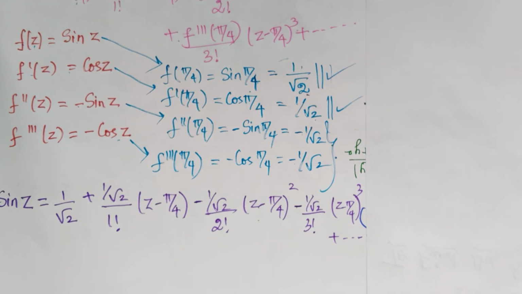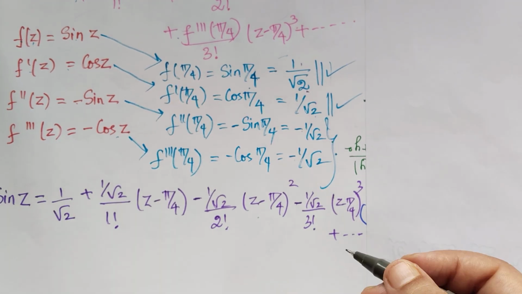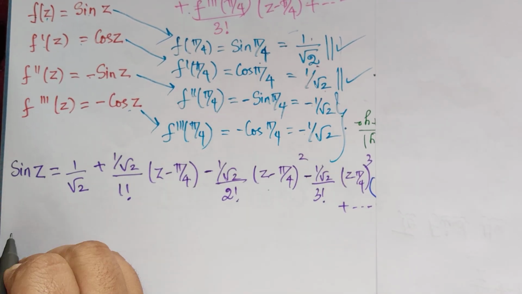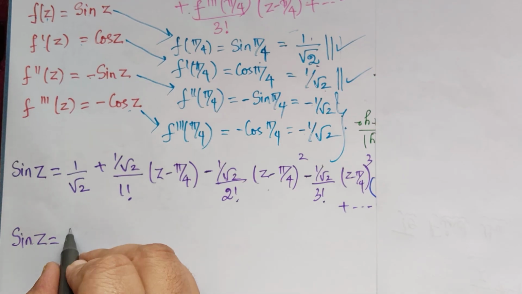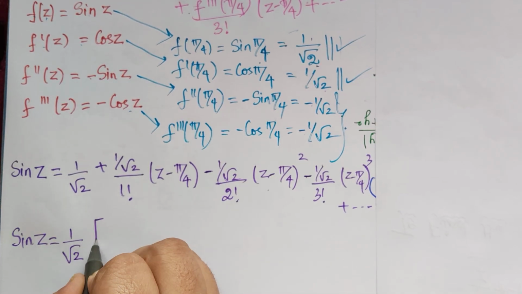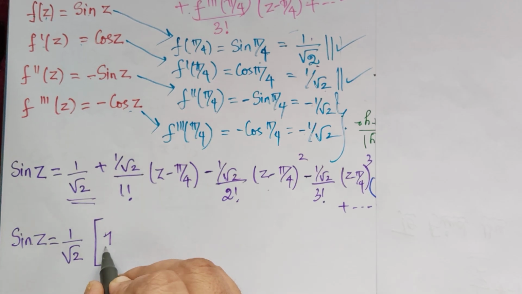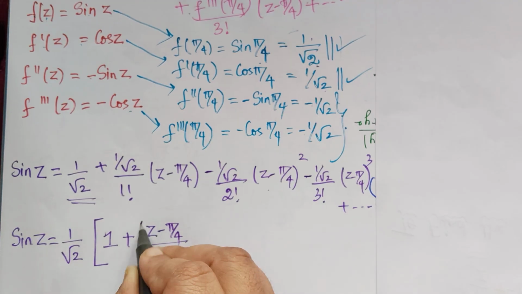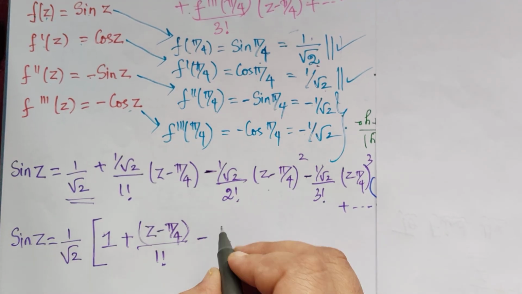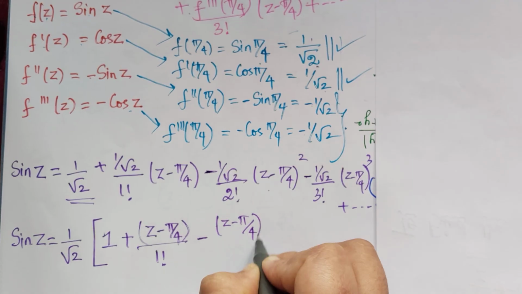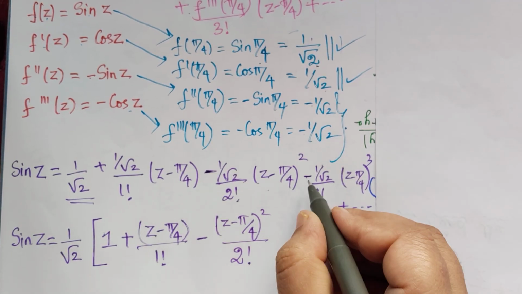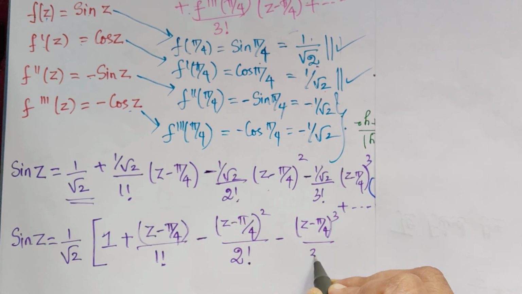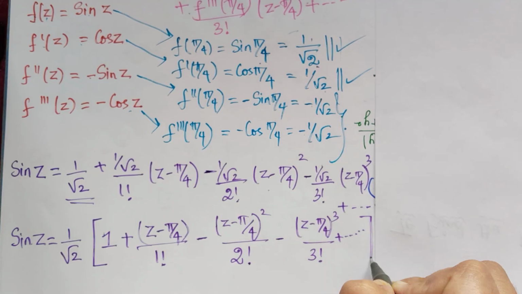It keeps on going. And when we put together, what do we get? We see that 1 by square root of 2 is common in all the terms, so we can take it out, and so sine z will be equal to 1 by square root of 2 times, within the bracket, 1 plus z minus pi by 4 by 1 factorial, and then a minus, so minus z minus pi by 4 the whole square by 2 factorial, and then again a minus z minus pi by 4 the whole cube by 3 factorial plus etc. The terms keep on going.